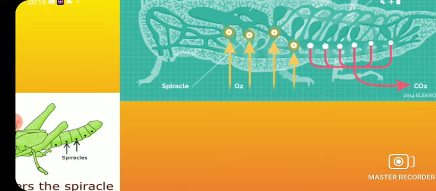Now just imagine the human respiratory system, which I explained just yesterday, the structure of the lungs, where you saw the nostril. It is used for both actions, inhalation of oxygen as well as exhalation of carbon dioxide.